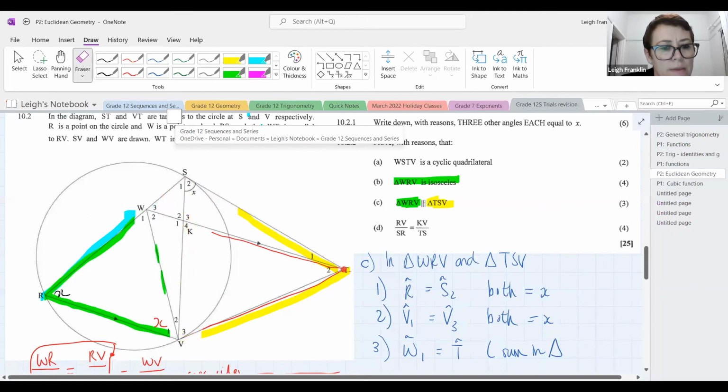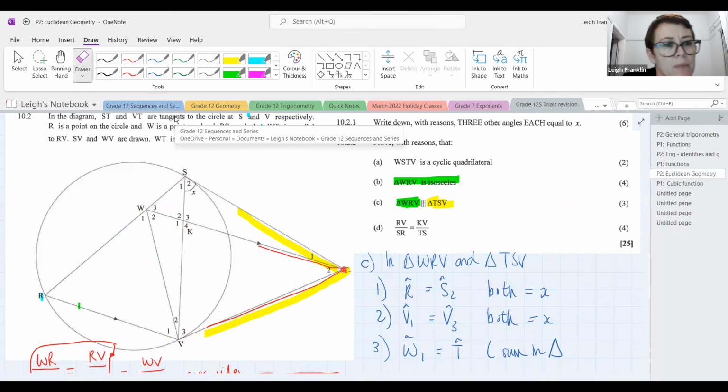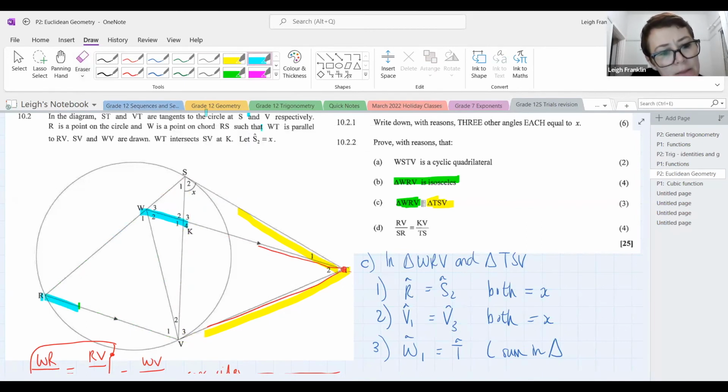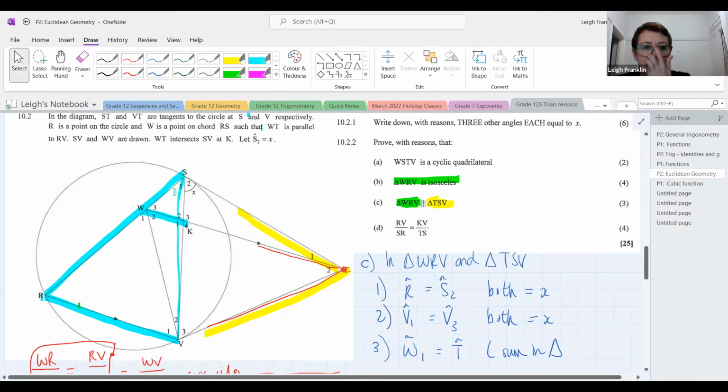Okay, so what I'm getting at, just rub all of that off, is remember this line here and that line there are parallel to one another. So we can apply the proportionality intercept theorem in this blue triangle.